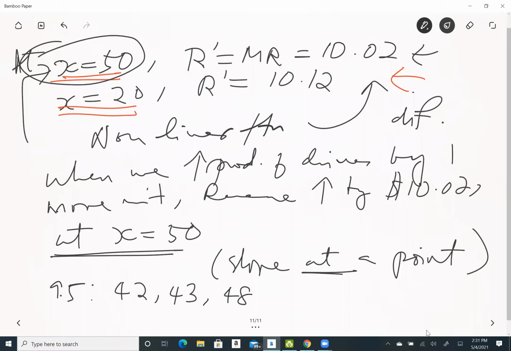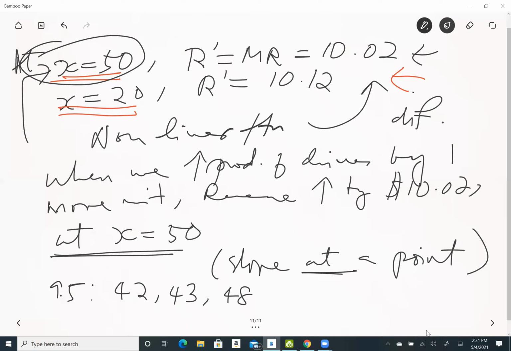The 9.9 will give you the application. That section is solely focused on the application of marginal revenue and marginal cost. So I give you question 9.5, questions 42, 43, and 48.